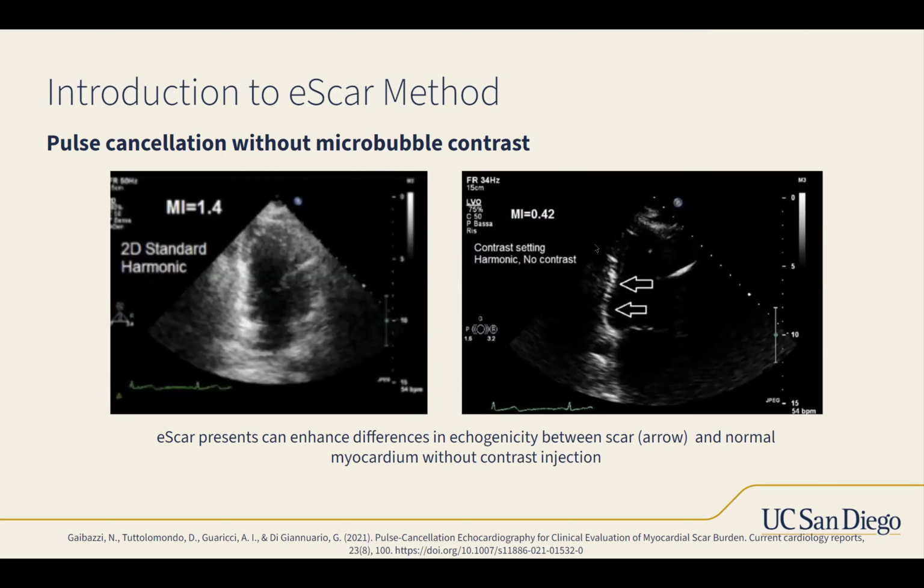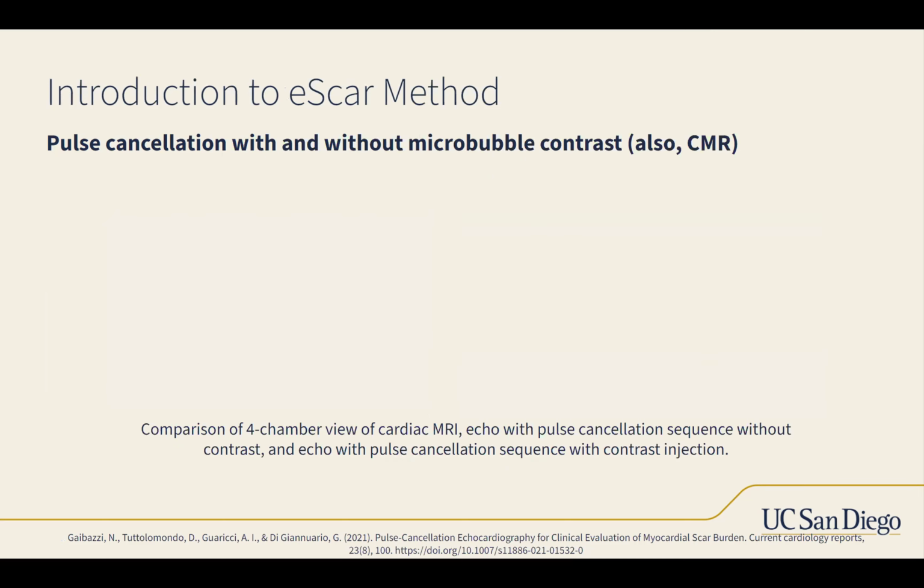And on the right, most of it is canceled out because it's uniform and healthy tissue, but the scarring tissue that's being pointed out by the arrow is highlighted in the images. And they can do this without injecting any contrast, which is cool. One less thing to have to deal with.